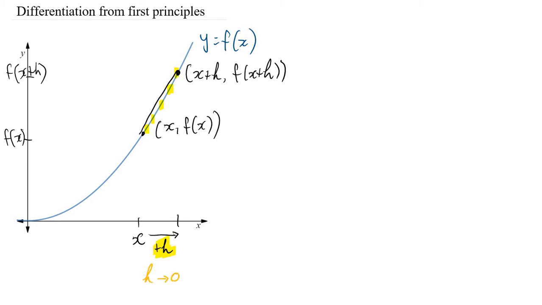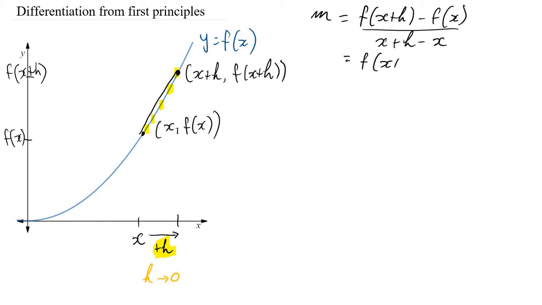So if we talk about the gradient of this curve, it would be equal to y2 minus y1 over x2 minus x1. This simplifies to give us that.